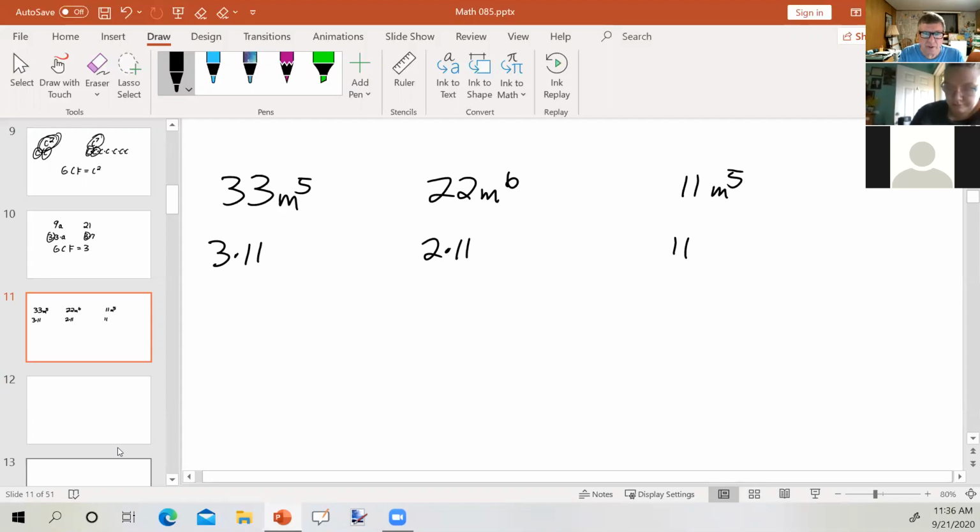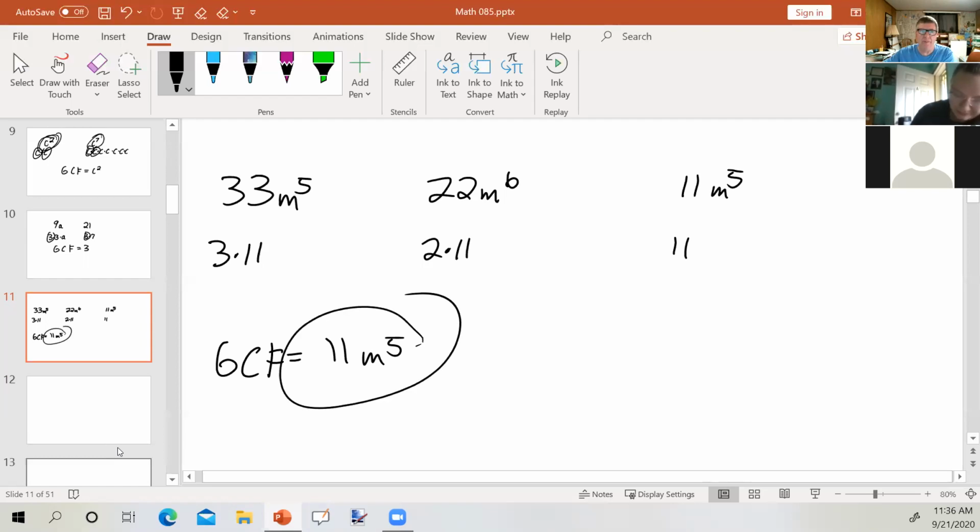So numerically, 11 would be common to all three of them. But what power of m is common to all of them? It would be m to the 5th power. All right? So greatest common factor, 11m to the 5th power.